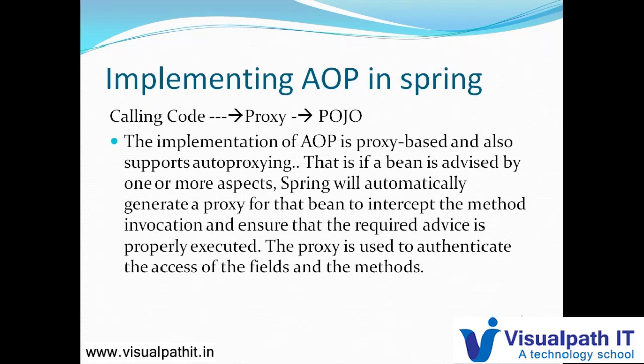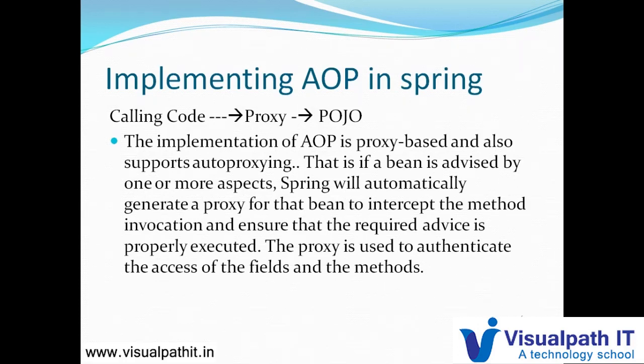The proxy is also responsible for the crucial decision of forwarding the method call to the real or actual object. Due to all these features, proxies are used very much in the implementation of cross-cutting concerns in Spring AOP.